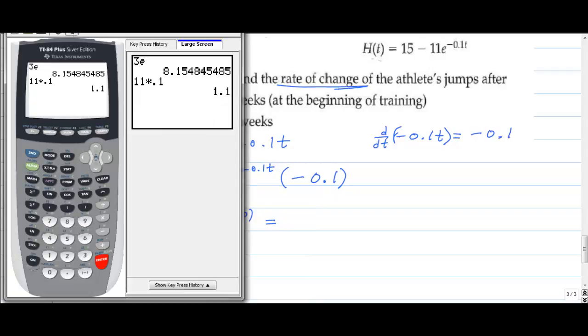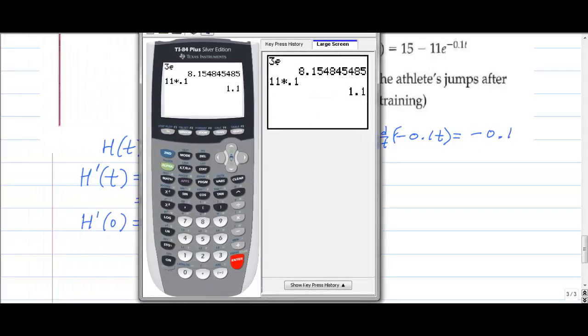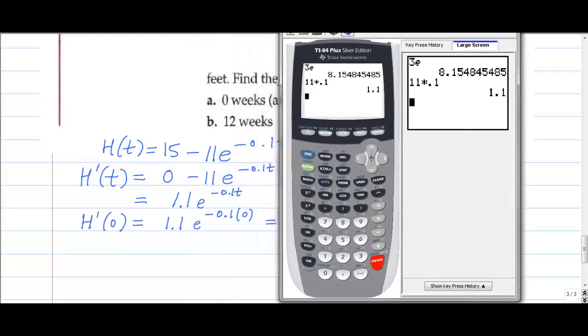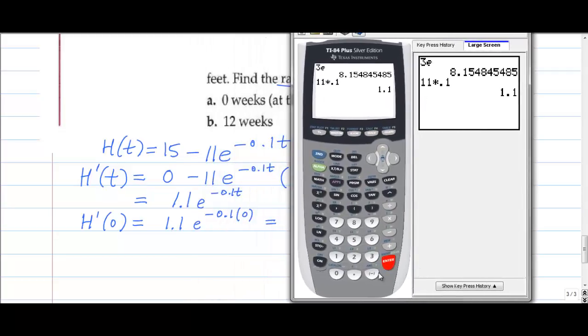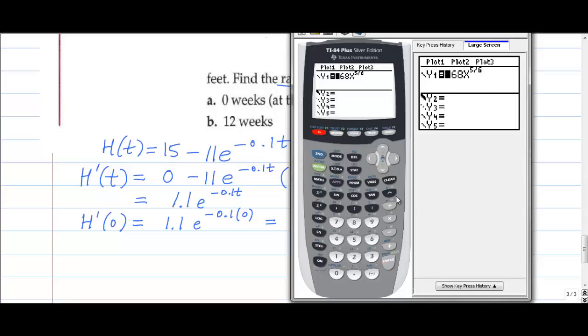Instead of actually plugging in the values, when you have multiple values to plug in, it helps if you use y equals. So let me plug this into y equals 1.1 e to the negative 0.1 t. I don't have t, I'll just use x. So that's my h prime of t.